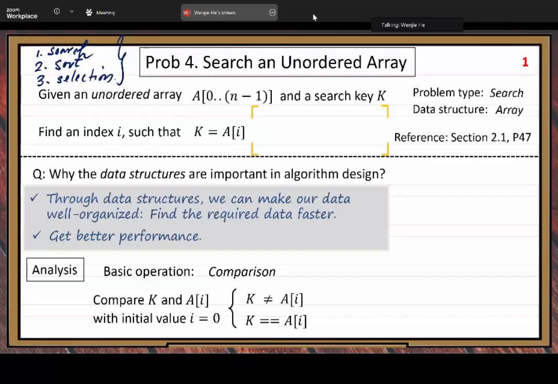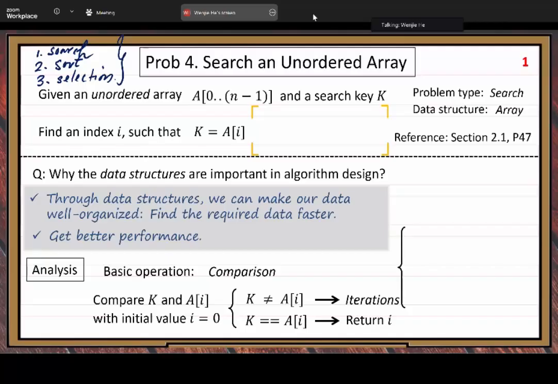The other outcome: K is different from A of I. In this second case, you need to keep doing comparisons, so you need more iterations.